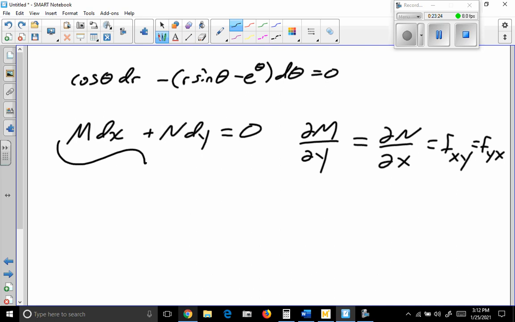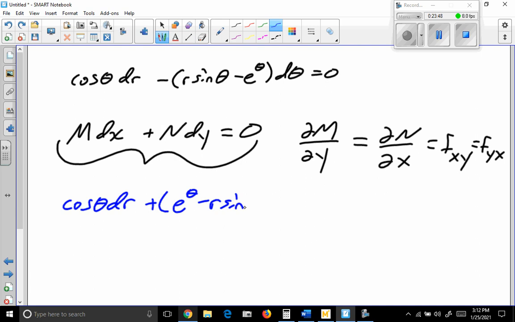We need to put it in this format. So if we're going to put it in that format, then we need a plus here. If we want that to be plus, we can multiply on the inside by a negative and on the outside by a negative. So we can change that to cosine theta dr plus (e to the theta minus r sine theta) d theta equals 0.